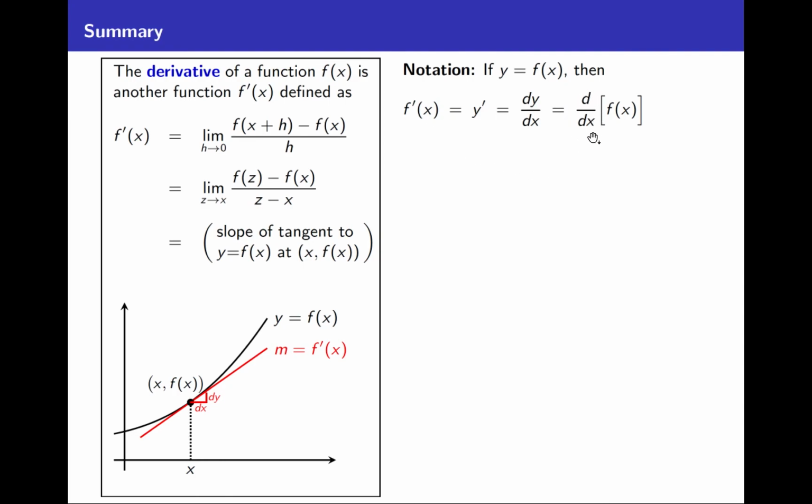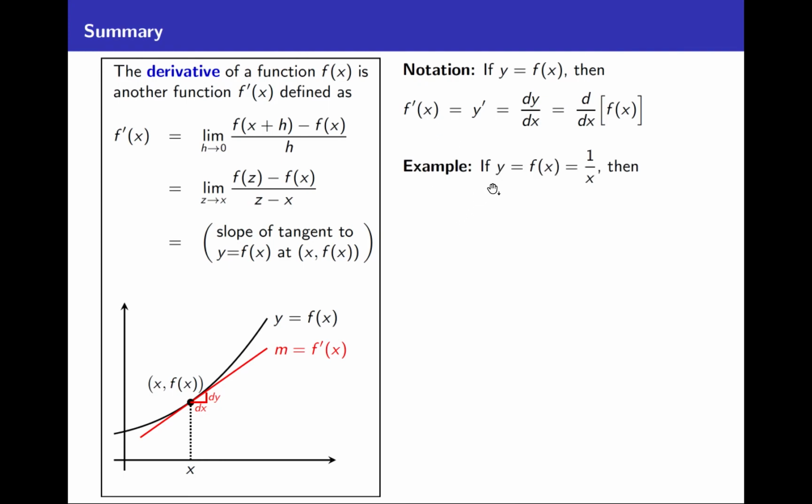But it's really useful because you can think about this d dx that's right here as an operator. It's a verb that says, take the derivative of this function f of x. So take the derivative of f of x, you get f prime of x. d dx of f of x equals f prime of x.